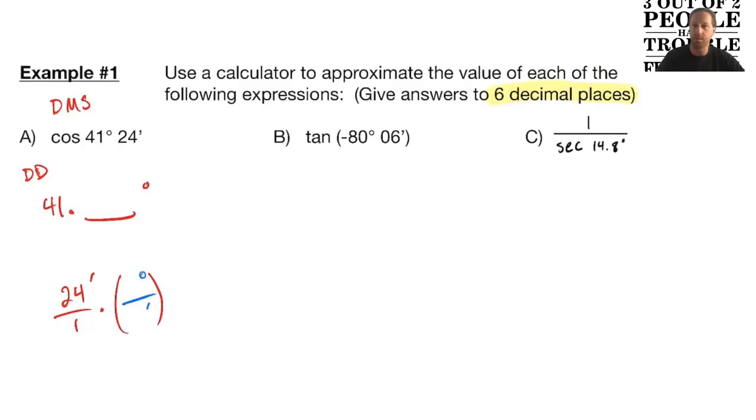So we need to know that direct relationship, which hopefully we know: 60 minutes is equivalent to 1 degree. I know it doesn't look like a 1, but we can change this to 60 minutes or this to 1 degree, and it would have the same thing on top as the bottom. That then allows us very nicely to cancel the minutes and have just our unit measure of degrees.